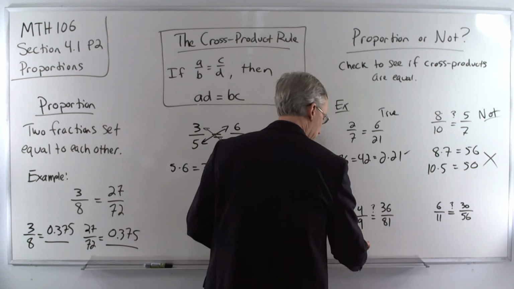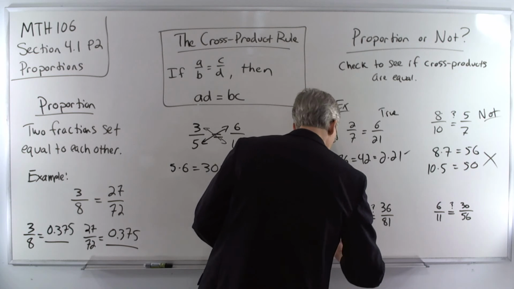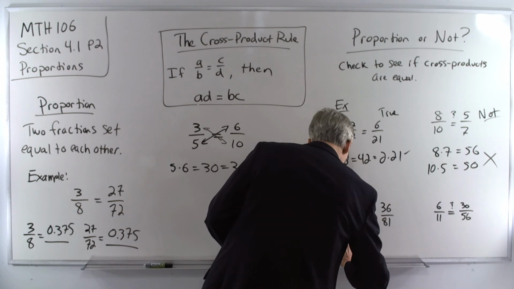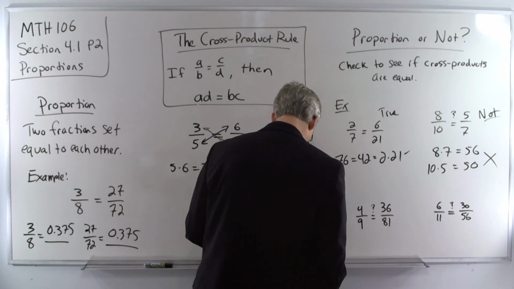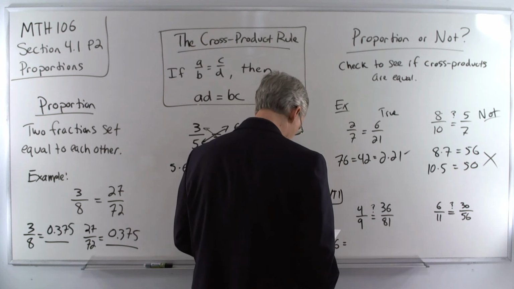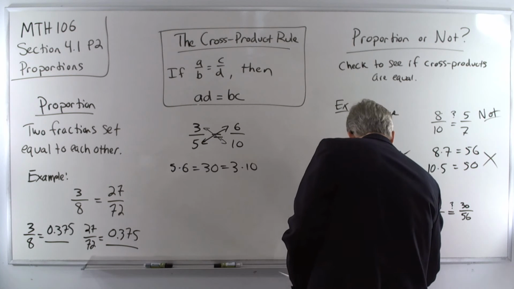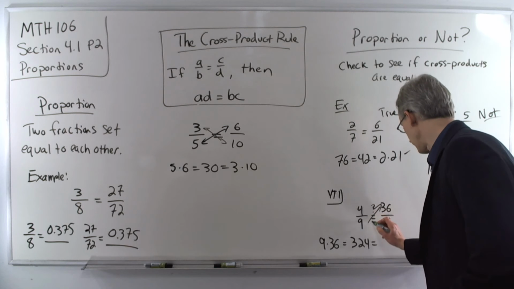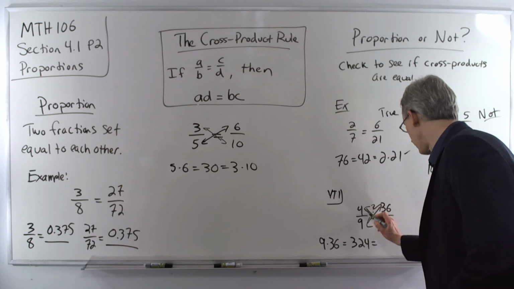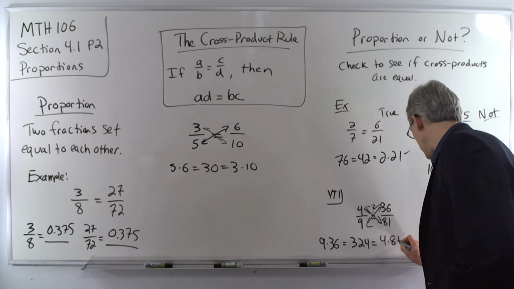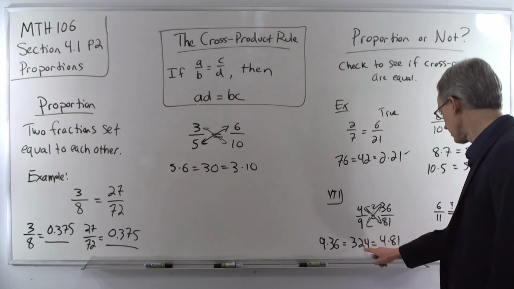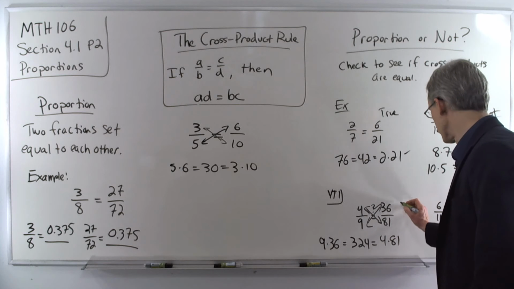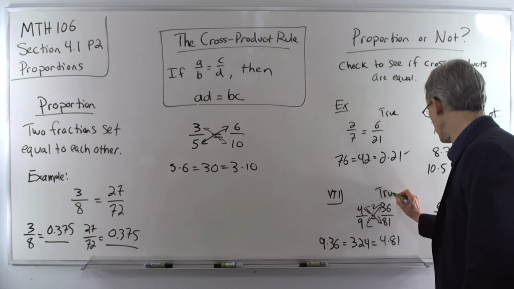All right, for this one, we're going to cross multiply this way. So we got 9 times 36. That gives us 324. And then the other way, we have 4 times 81. And that also gives us 324. So this is a true proportion.